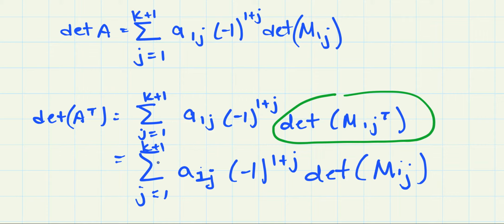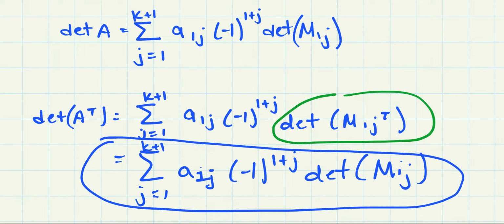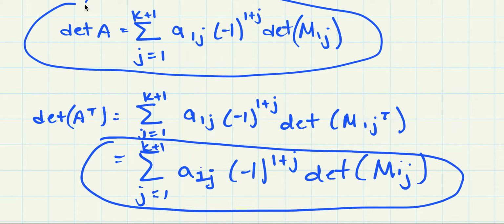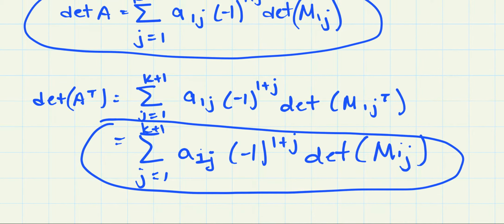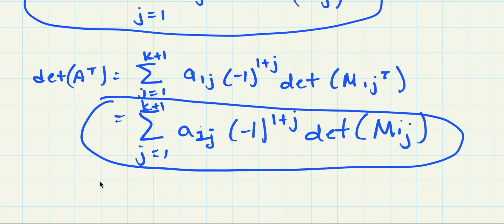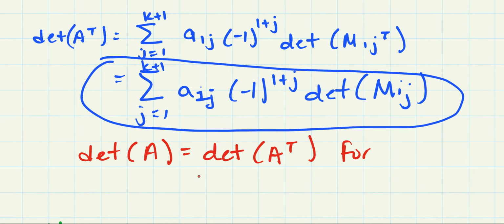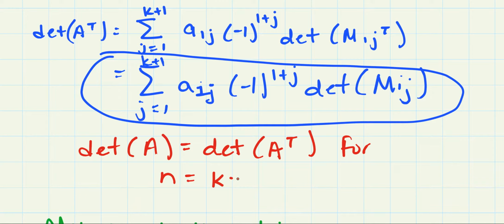And now you can see that this is the same thing as this. So now we have proven that the determinant of A is equal to the determinant of A transpose for n is equal to k plus 1.